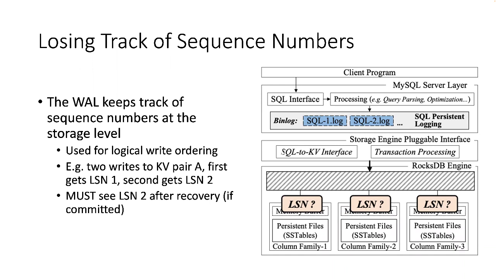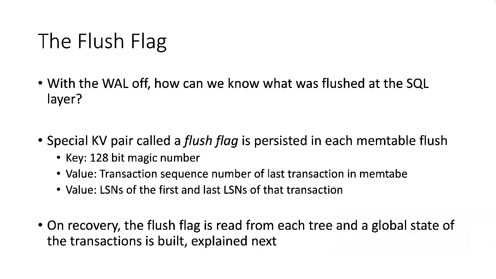So the first part of their scheme, it's a two-part scheme, it's quite simple, but it works quite well. It's called the flush flag. The key question is, if we turn off the WAL, how do we know what is flushed at the upper layer? So in their scheme, they have this special KV pair, what they call a flush flag, that's persisted at the end of each memtable flush, not at the end of each transaction or commit.